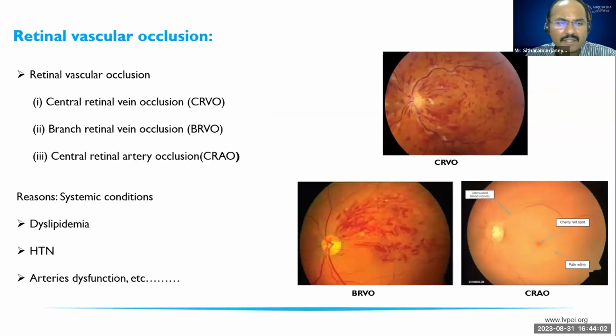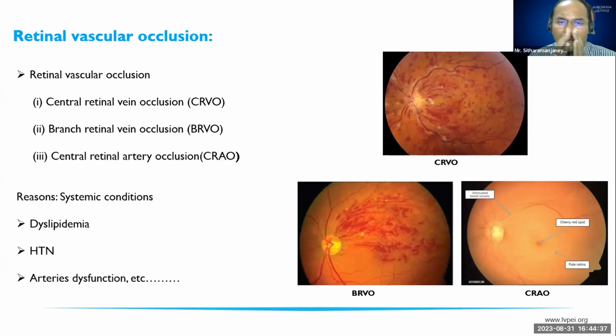The second one is retinal vascular occlusions. Either the vein or artery of the retina gets a blockage in blood circulation, and the patient will notice sudden loss of vision. So what are the reasons for these conditions? The patient may have systemic conditions like dyslipidemia, which means abnormal cholesterol level, or raised blood pressure, or any artery dysfunction.